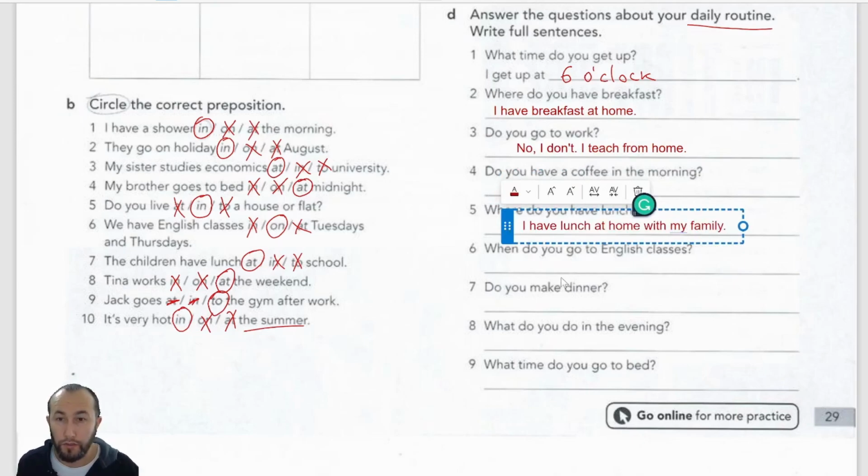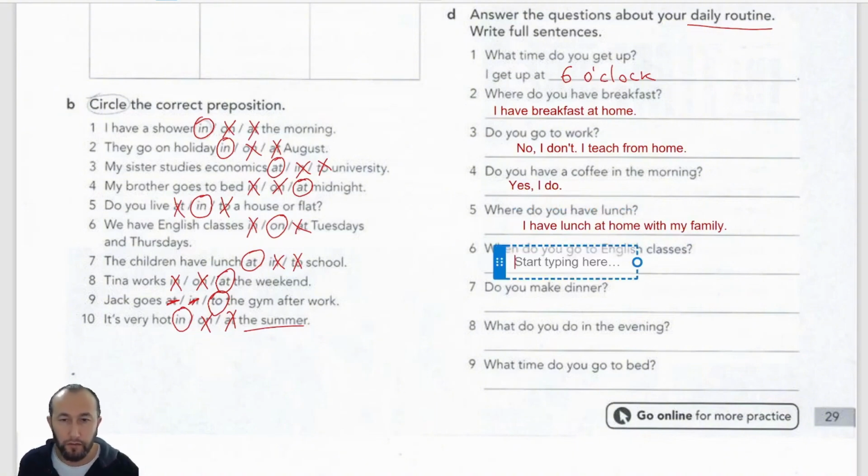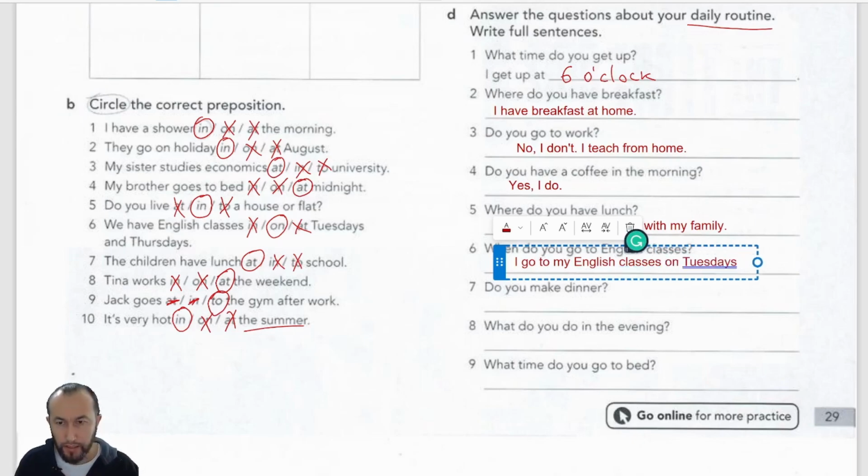Number 6, when do you go to English classes? Well, I'm the teacher. Let's say as a student, I go to my English classes. When we're asked for a day, Monday, Tuesday, Friday, we can say, I go to my English classes on Tuesdays and Fridays. How's that? Twice a week.